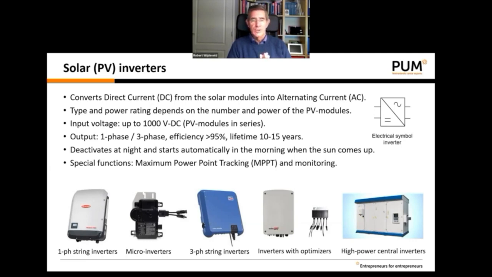And it has special functions like maximum power point tracking and monitoring. We have one-phase string inverters, micro-inverters, three-phase string inverters, inverters with optimizers, and high-power central inverters. I will come back to that later in a little more detail.